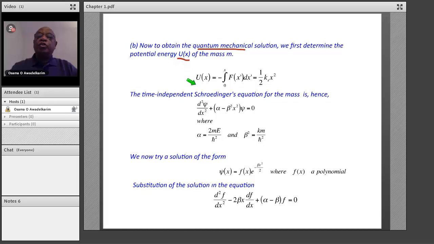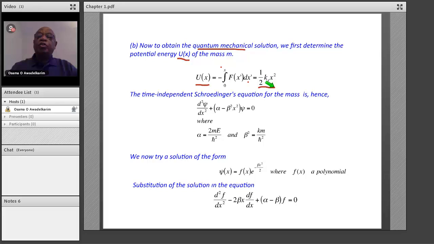And the potential u of x at any position x is equal to the integral from 0 to an arbitrary x of f of x' dx'. Here I'm using x' and dx' because these are only dummy variables. And then the final potential function is going to be a function of x, which is the position variable.